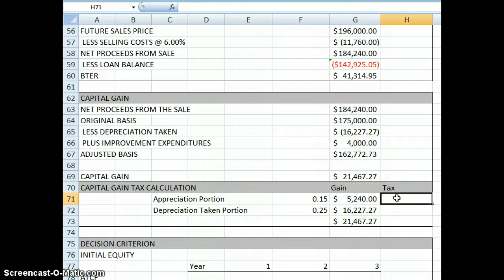Alright, so now we need to do tax. So for this, our tax rate on appreciation portion is 15%. Our depreciation tax rate is 25%. So we'll take this number times 15%, and then we'll take this number times our 25%, and then we can just add those up.